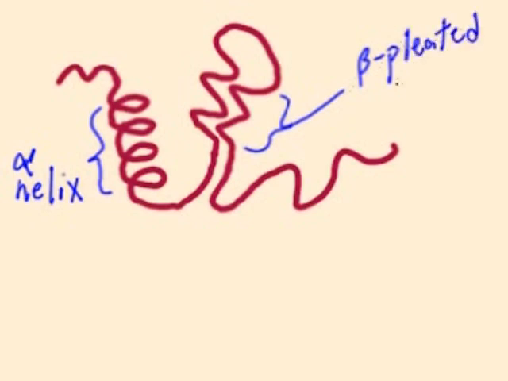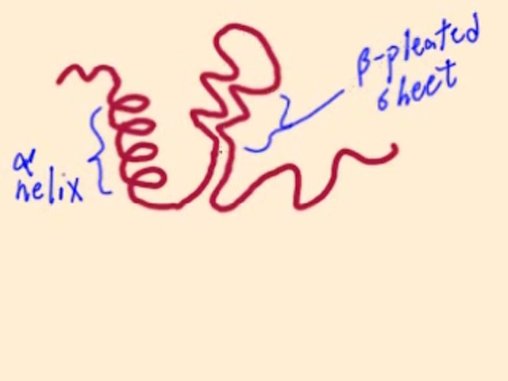These are given names, and let's get those names first. This fold is called an alpha helix. And this structure, the second structure, is called a beta pleated sheet, because it's like a sheet that's folded. Of course, it's made of two. The strand has folded on itself.